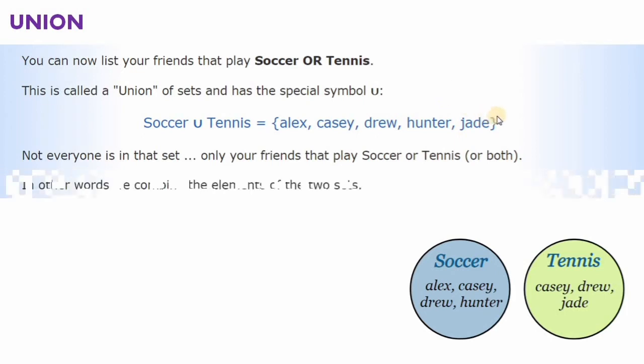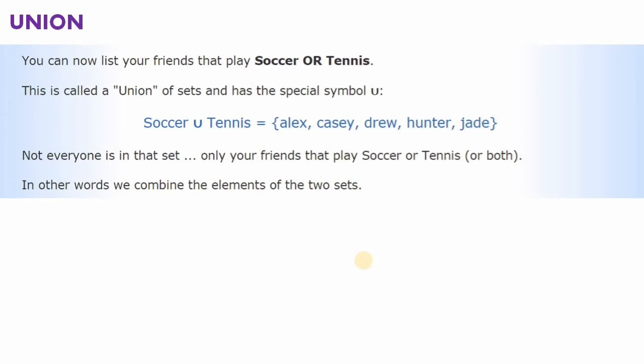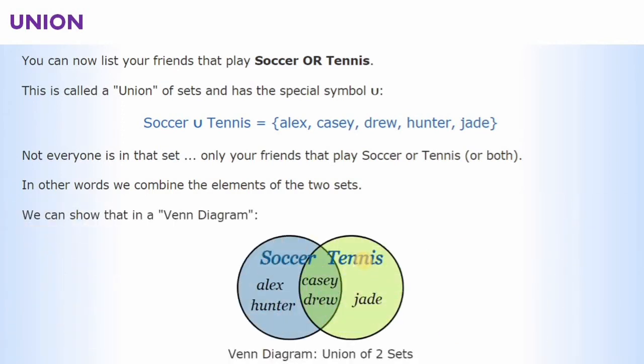In other words, we combine the elements of the two sets, as I said earlier. Now let's see what the Venn diagram will be. The Venn diagram for A union B, I'm sorry, soccer union tennis, will be given by this.